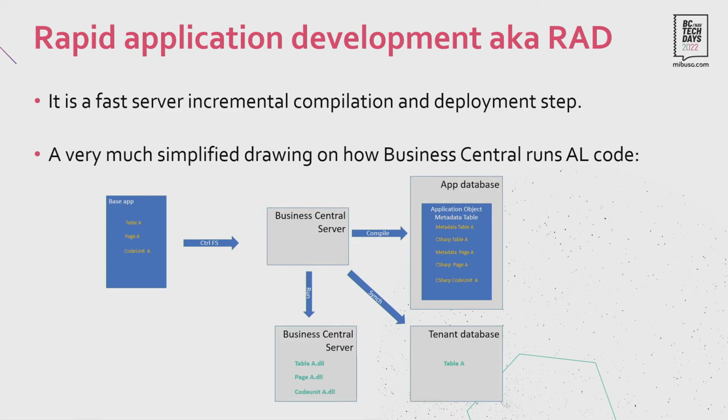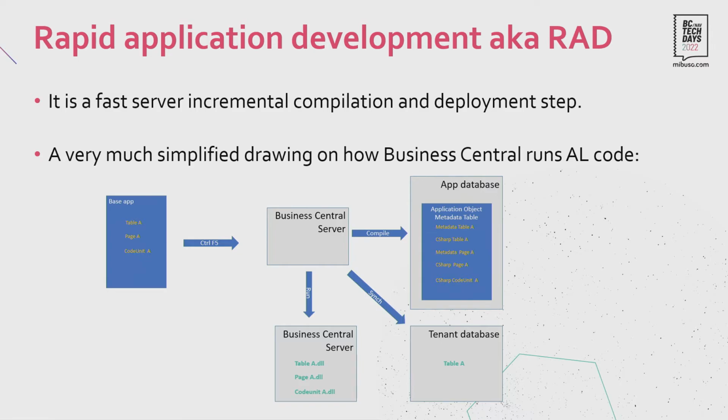In order to understand how RAD works, let's go back a step, and I will try to explain on this diagram what happens if you press Control F5 on an app. Let's assume that you have this base app, which has 3 application objects: table A, page A, and codeunit A. Then you press Control F5.